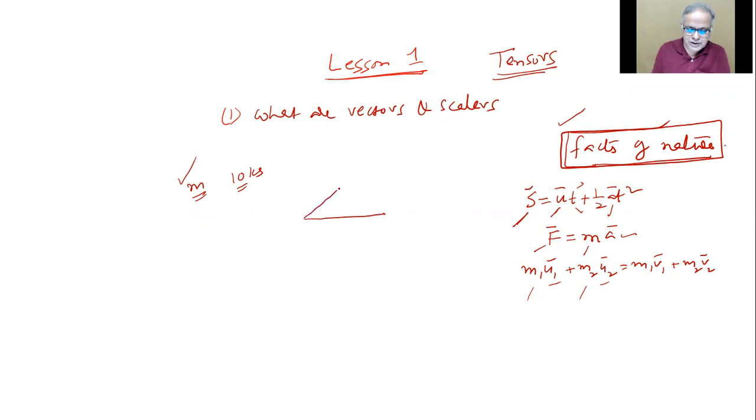Say, if a person is moving that way with 10 meters per second, this 10 is one number for the magnitude to tell how much speed, and this theta is, for example, some 45 degrees. So one number for magnitude, another number for direction. So this velocity is a vector or vector quantity.